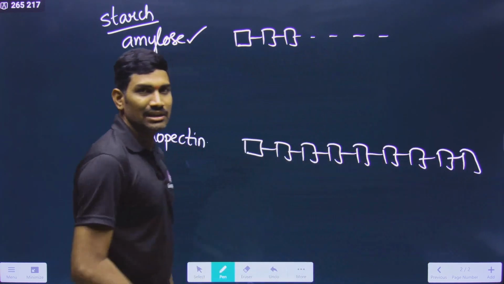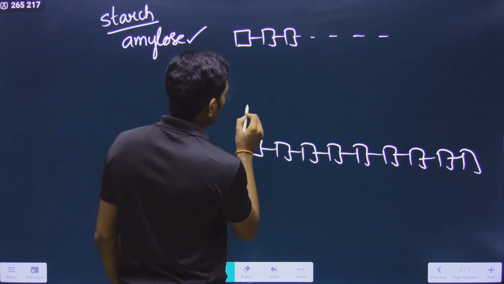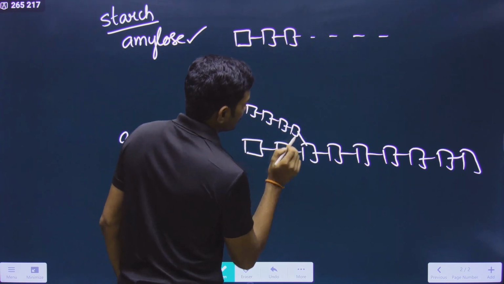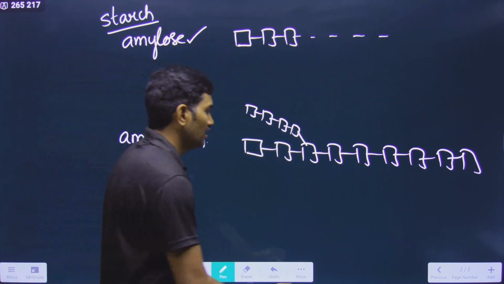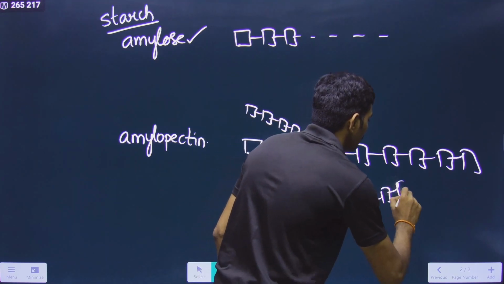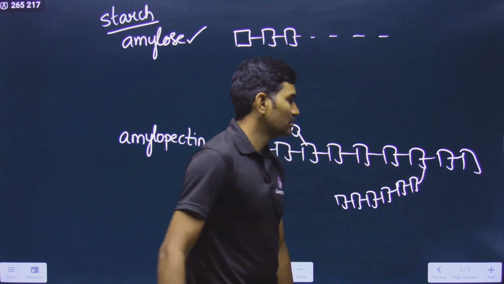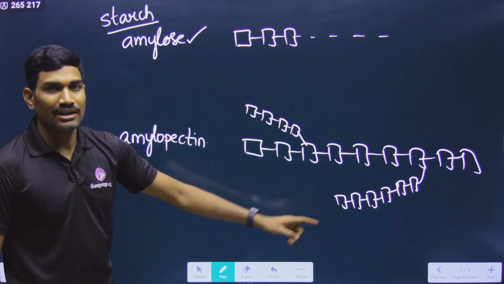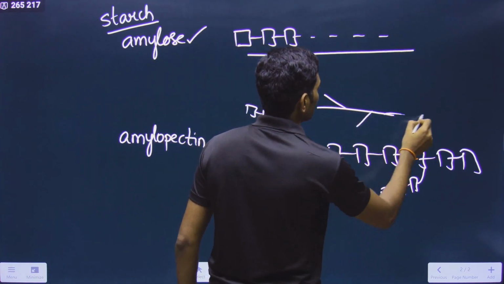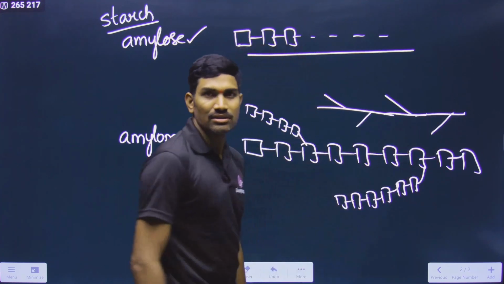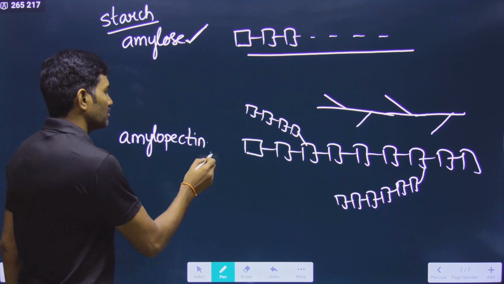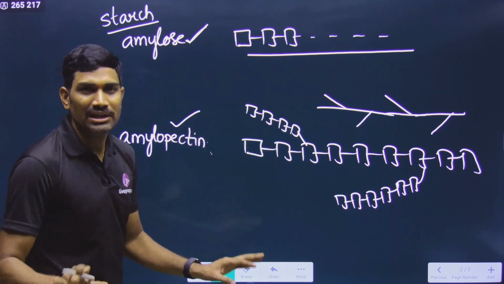This is one linear chain, and somewhere here there is a sequence attached to this. In this way they are attached. That means this one is linear, whereas this one is branched. So the linear form is called amylose, whereas the branched form is called amylopectin.